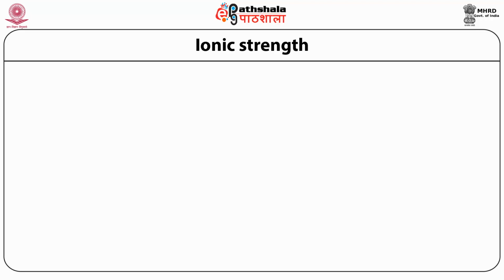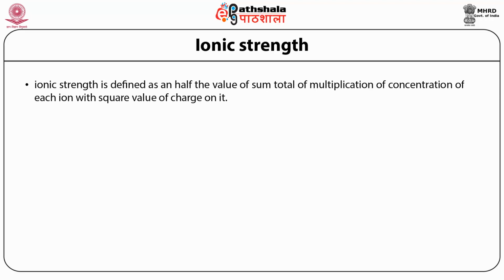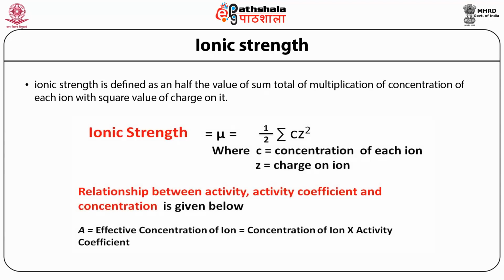So let us know what this ionic strength is. Ionic strength is defined by an equation which says that it is equal to half of the summation of Cz square, where C is the concentration of an ion and Z is the charge on it.